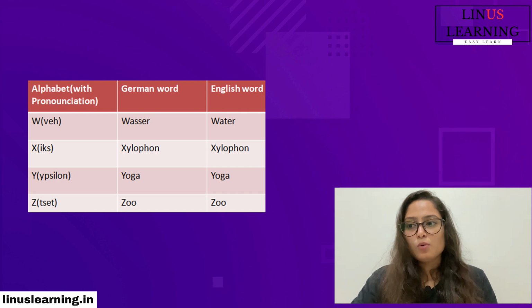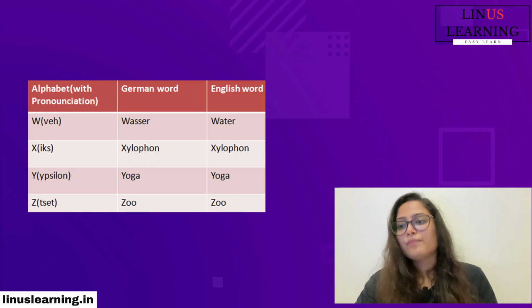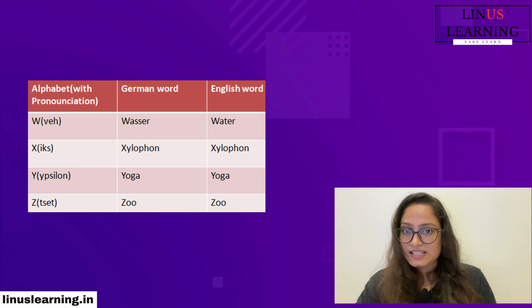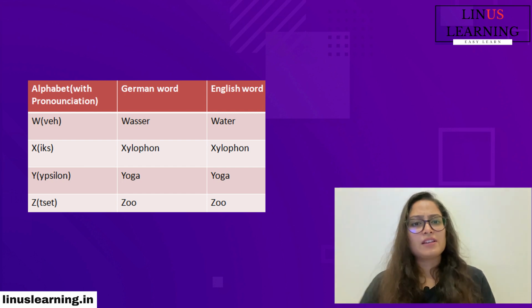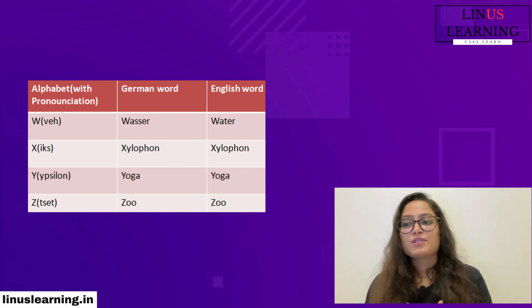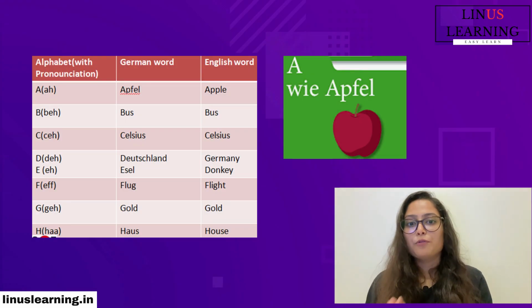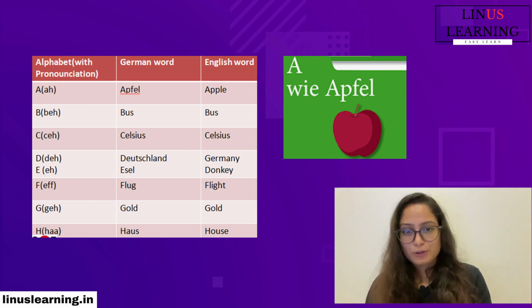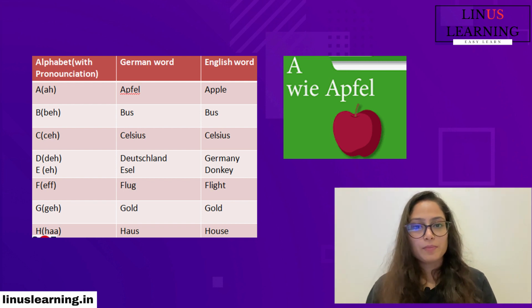Okay, then W is way. U, fow, way. Then X is X, like we say Vicks Vapor Rub. In Vicks you just remove V, so we have X. Okay, once again let's repeat. U, fow, way, X. Let's revise it from the beginning.